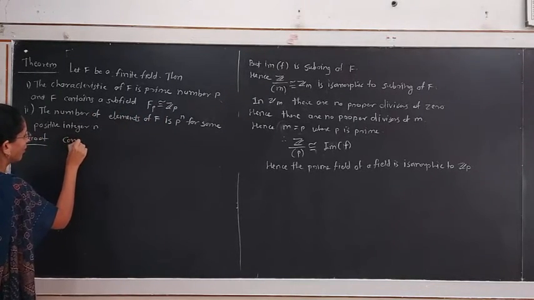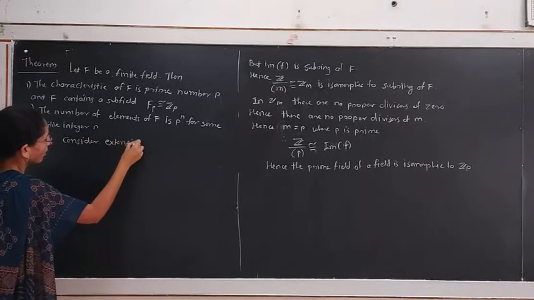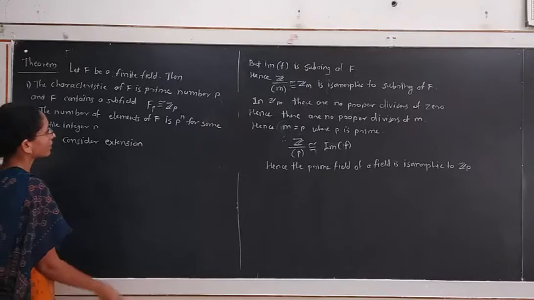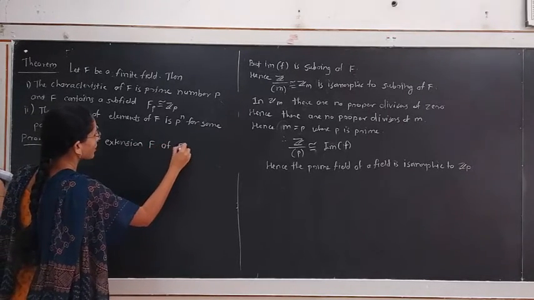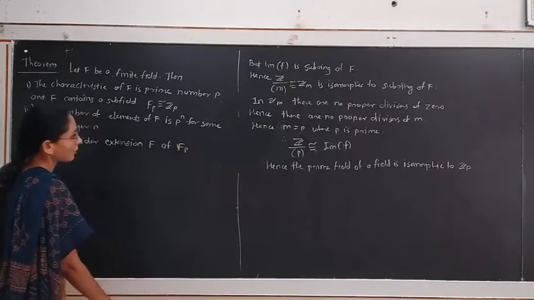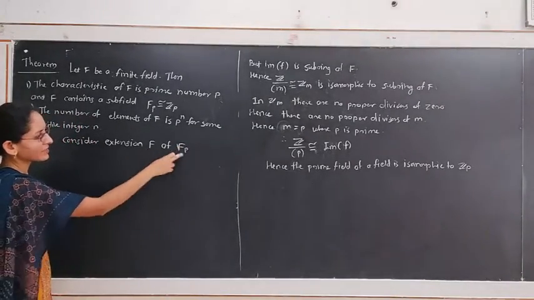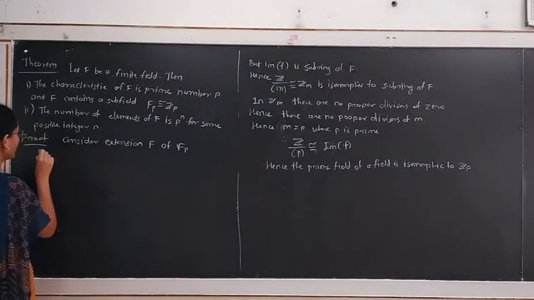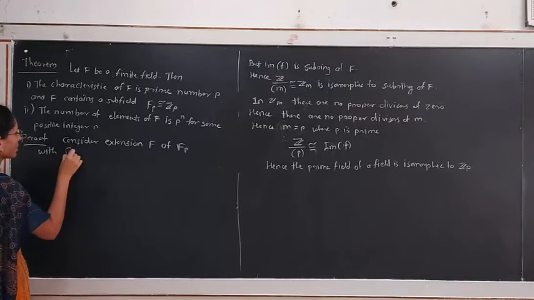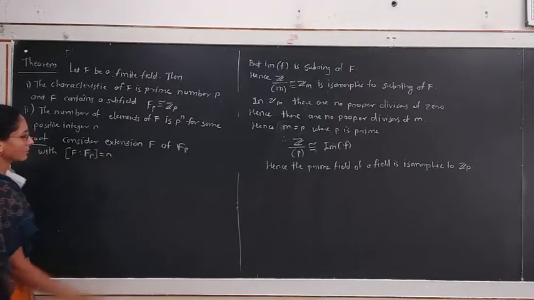Consider the extension F of the field Fp. Fp is the field with finite elements, p elements, and F is its extension, with the degree of extension of F over Fp equal to n.